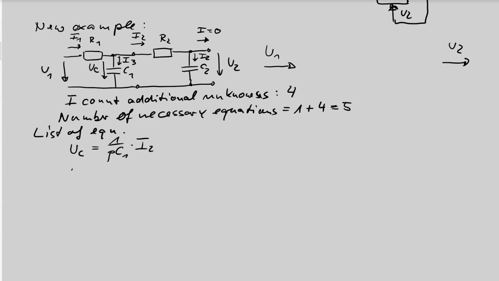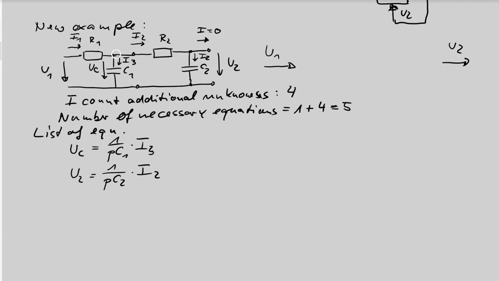Then we have U2 is 1 over pC2 times I2. Sorry, for UC down here we have to write I3. This is the current through C2, I2. The current through C1 is I3.